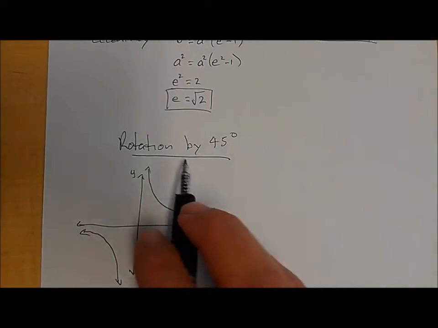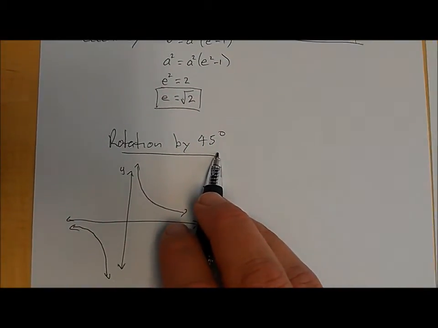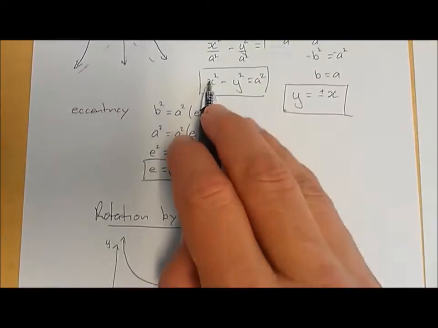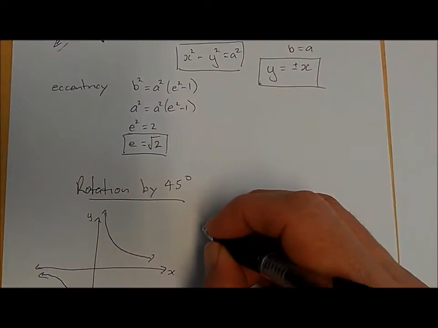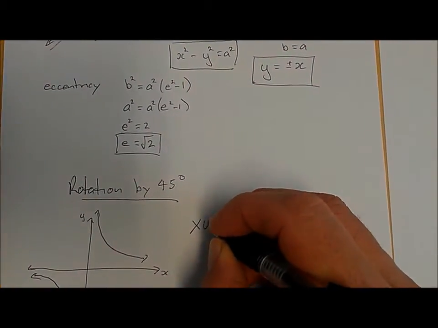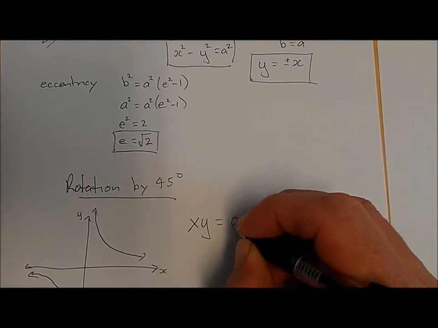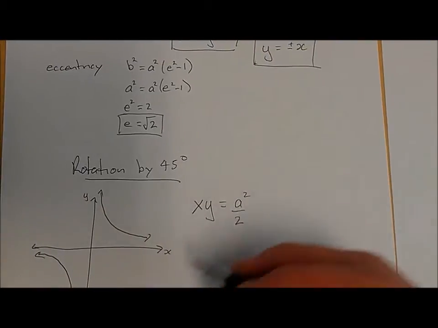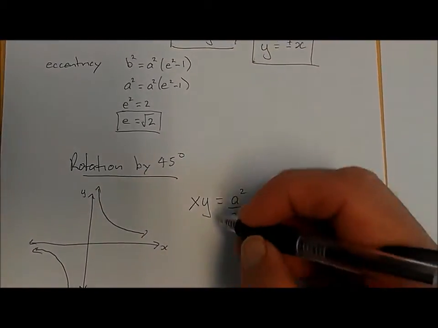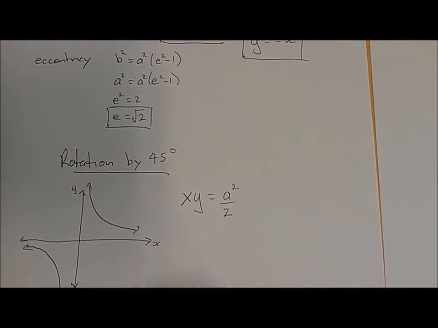Now today in class we looked at how this rotation takes our hyperbola x squared minus y squared equals a squared and gives us instead xy is equal to a squared on 2 once we rotate it. I'm not going to recap that theory today, but that is the equation for this hyperbola.